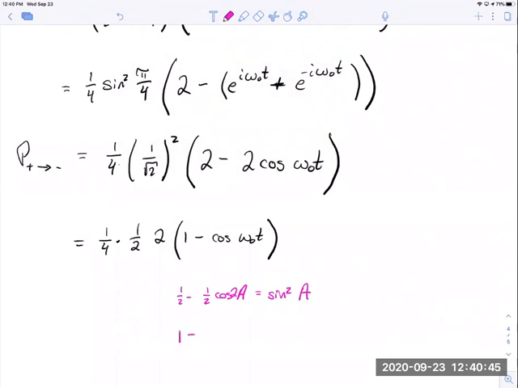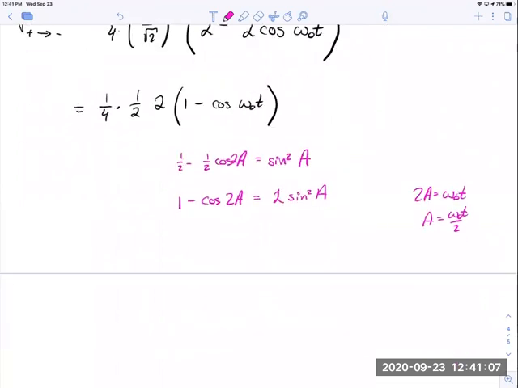This becomes 1 minus the cosine of 2A, which equals 2 times sine squared A. So in this case, 2A is equal to omega naught t, so A is equal to omega naught t over 2. And this 1 minus cosine of omega naught t is equal to 2 times the sine squared of omega naught t over 2.